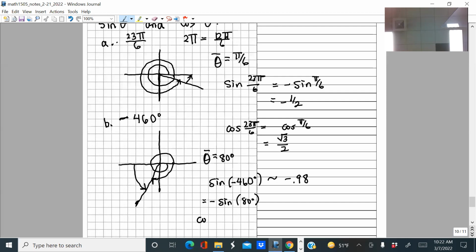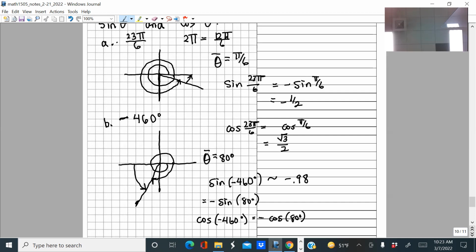So cosine of minus 460 degrees is the same as the cosine of 80 degrees. Not quite, because in the third quadrant, cosine is negative, so we have to put a minus in front of that. And now you just punch in the cosine of 80 degrees and change the sign, but you could have just punched in the cosine of minus 460 degrees to start with, right?